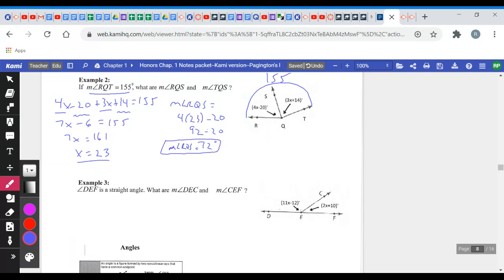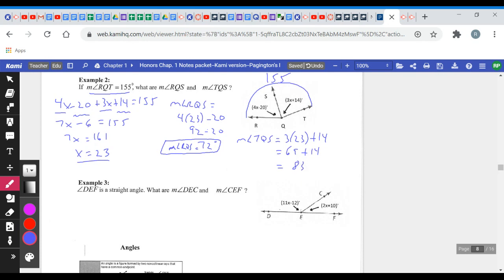Okay, and then I can go ahead and plug in for measure of angle TQS, and so I've got 3 times 23, plus 14, and that's going to give me 69 plus 14, and that's equal to 83.